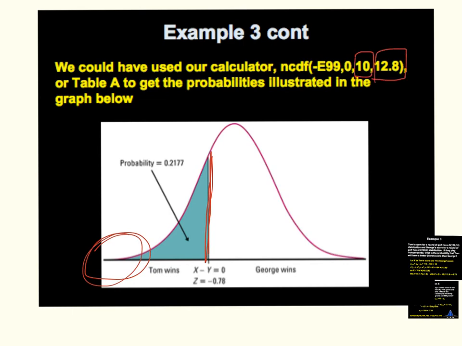And we get an area of 0.2177. And yes, you could have just gone to the chart once you found out that z-score of negative 0.78 and found that 0.2177. But it works. That is the area, and there you go. A little bit confusing of a question there, but in the end, just push normal CDF and the such.